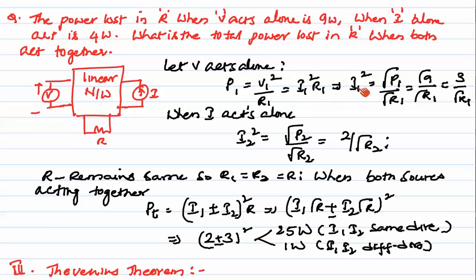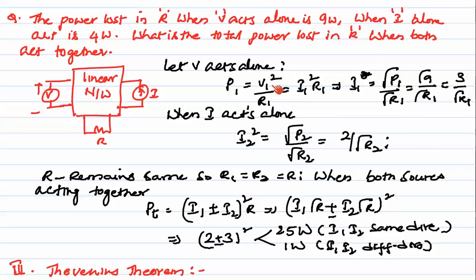So I1 squared is equal to P1 by R1, so I1 is the square root of P1 divided by the square root of R1.